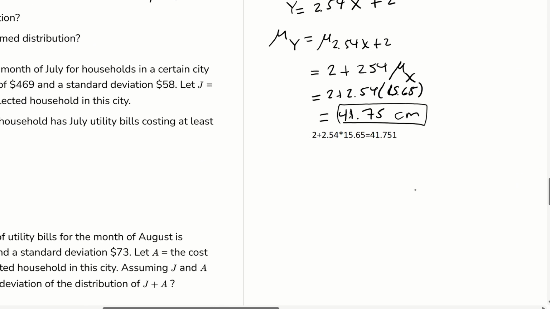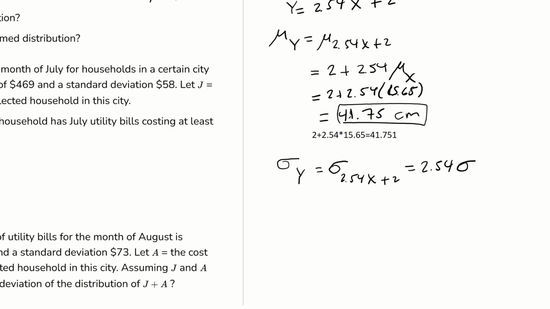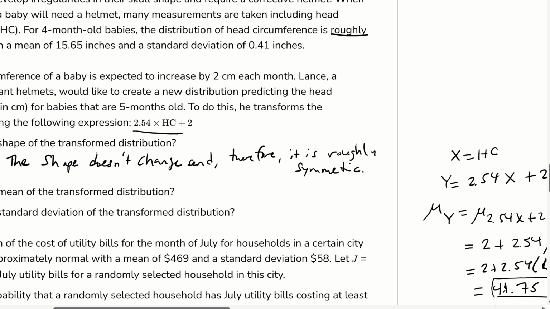The standard deviation of y is equal to the standard deviation of 2.54x plus 2. Now, 2 doesn't do anything to the standard deviation. It's just going to be that. So we multiply by 2.54 times the standard deviation for the babies.